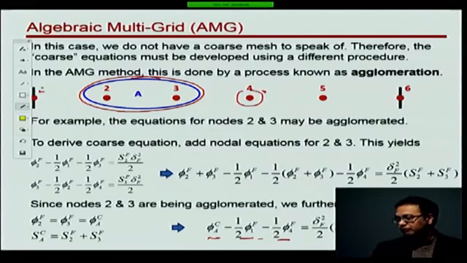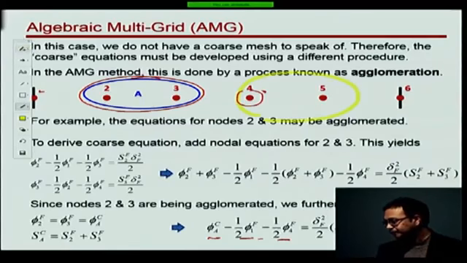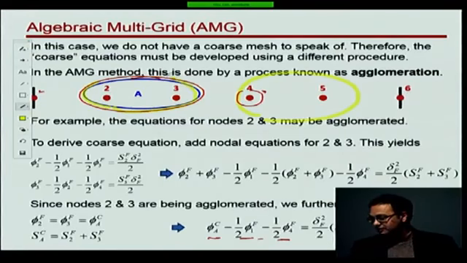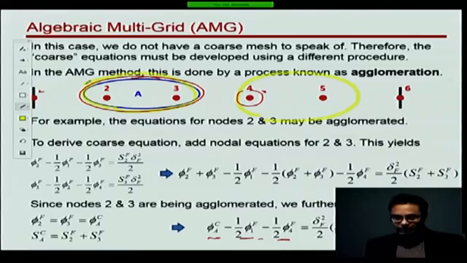Now 4 could have been also combined with 5, and I could have gotten a different blob here, but that's not what we are doing. We are just taking one at a time. So right now we have just agglomerated these two without agglomerating anything else. Instead of 4 nodes, I now have 3 nodes, so it is a coarse mesh equivalent. You could also agglomerate 4 and 5 and reduce it further.